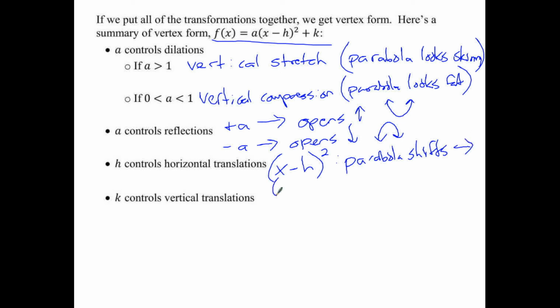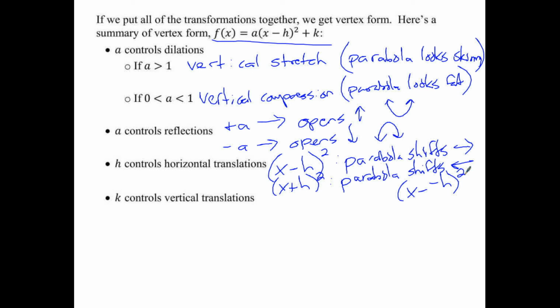And if I see in parentheses x plus some number, squared, the parabola shifts left. And again, the x plus h squared is really x minus a negative number.